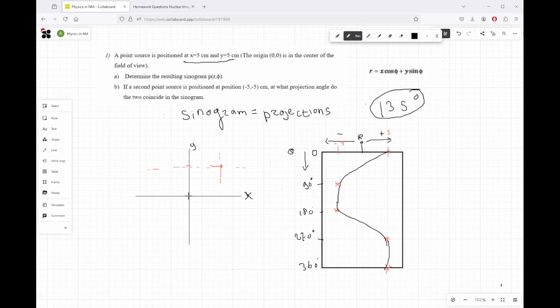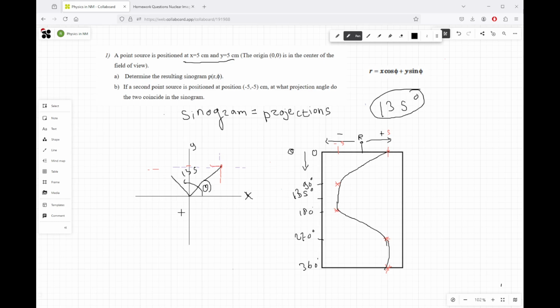So right here we have the angle. This is 45 degrees, and if you go another 90 degrees, you end up right here. So this is 135. So it's the marker somewhere in between here. We have 135 degrees.